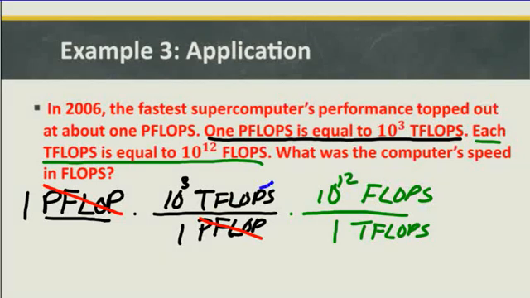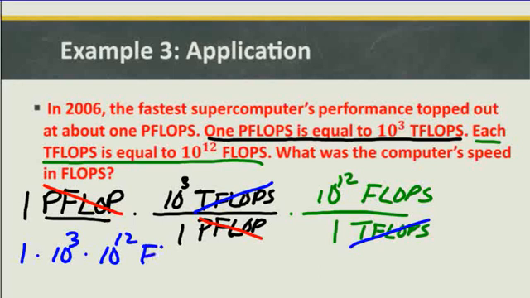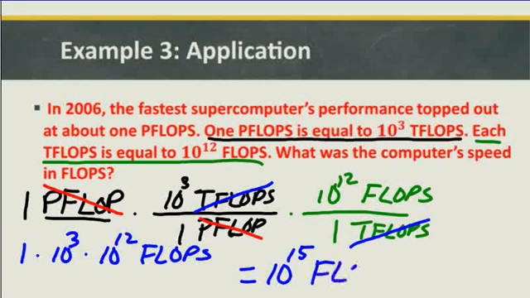So now the teraflops cancels this teraflops. I have a label with flops. Now I just multiply straight across. 1 times 10 to the third times 10 to the 12th flops will give me my answer. Anything times 1 is itself, so 10 to the third times 10 to the 12th would give me 10 to the 15th flops. And that's what our answer would be.